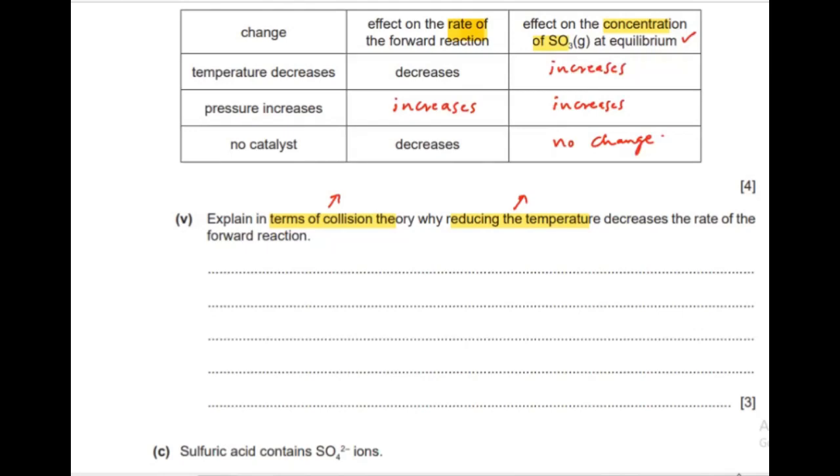So we have to write down the effect of reducing the temperature. If the temperature is reduced, definitely the kinetic energy of the particles will also decrease. So the first point is regarding the kinetic energy of particles, that decreases.